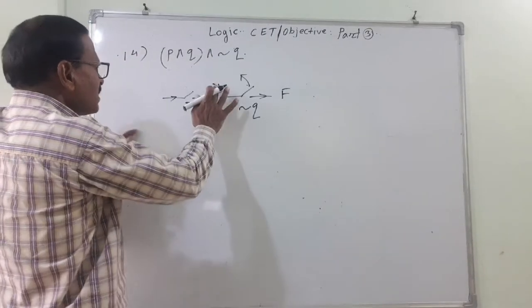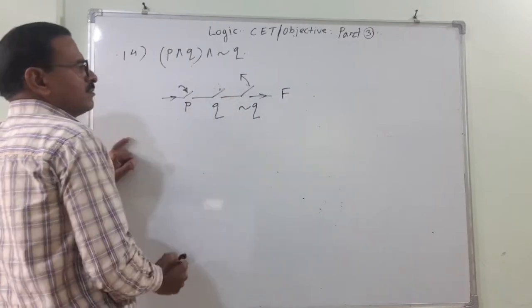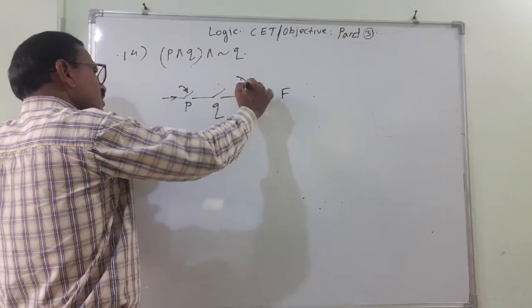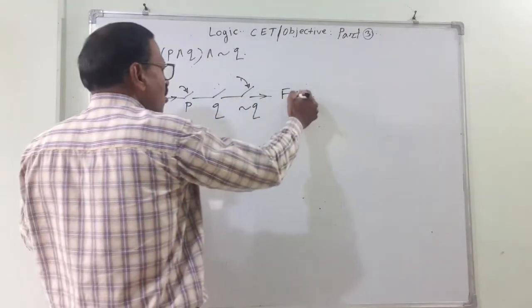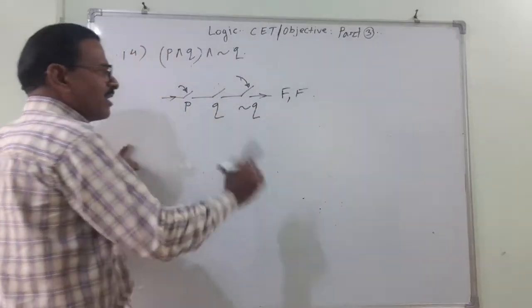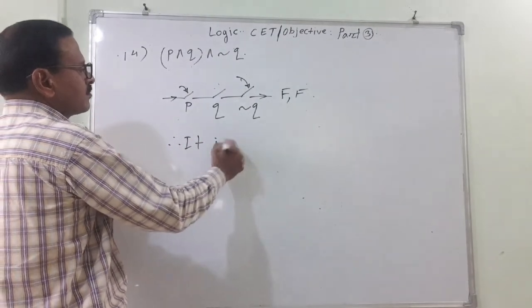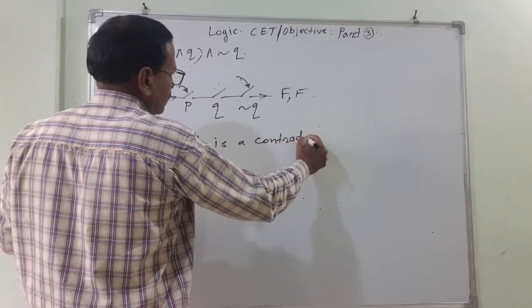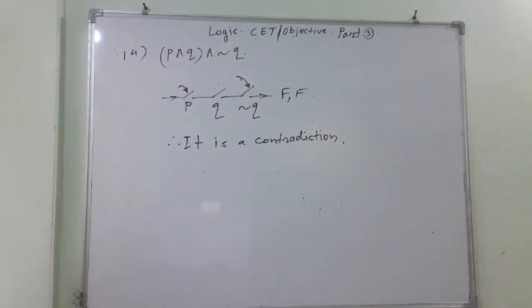Now I will see that this is on. This is also on. If this is on, this is off, because it is the same switch. Again off. Means at any condition I will get off. Therefore it is a contradiction. This way you have to analyze.